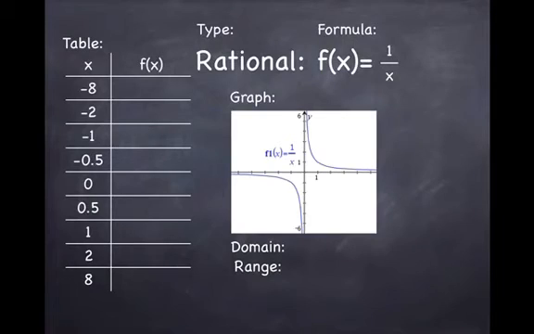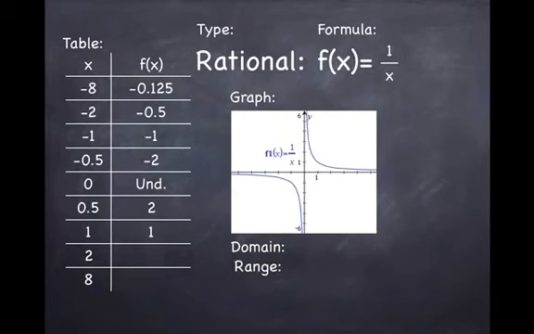All right, here's our rational functions. I'm going to show you two different rational parent functions. This is the first one where you have f of x equals 1 divided by x, and then we will look at a different one in just a little bit. On this one, I'm going to give you a lot of the values in your table.